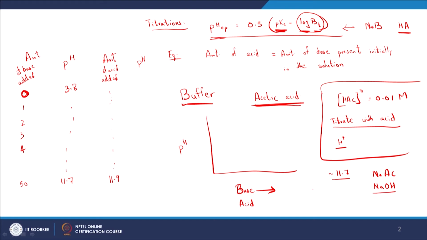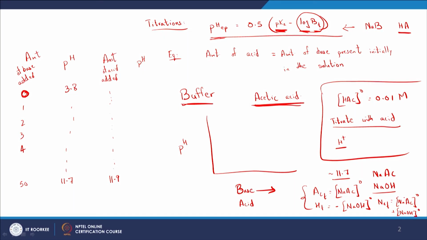So that's why the acetate total is going to be equal to the NaAc added initially, and H total is going to be equal to the negative concentration of NaOH added initially, and this is from the background that we have had in the previous classes. And obviously Na total is going to be equal to the sum of NaAc added initially and NaOH added initially. So this is the trial I am going with.